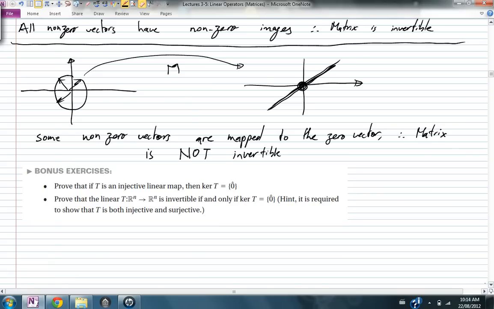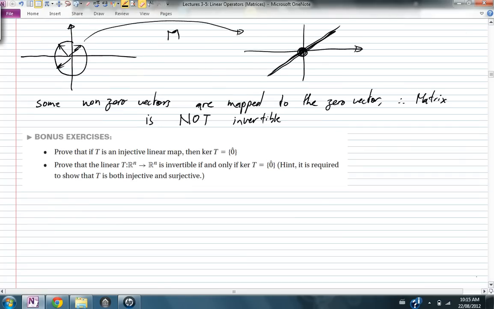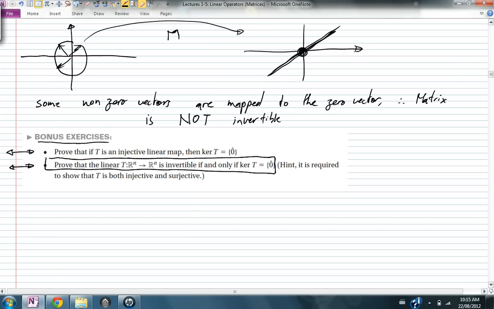All right, so these are facts. You can try to prove them, but they might take some time. But the fact is, a linear map is invertible if and only if the kernel of T is the zero vector.